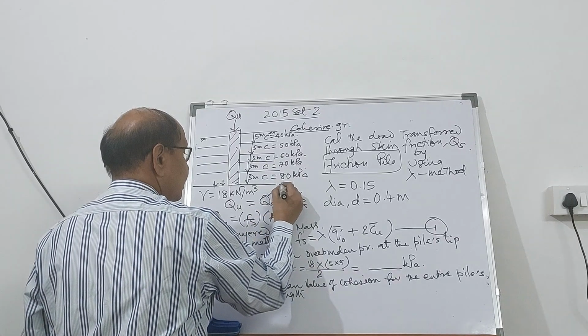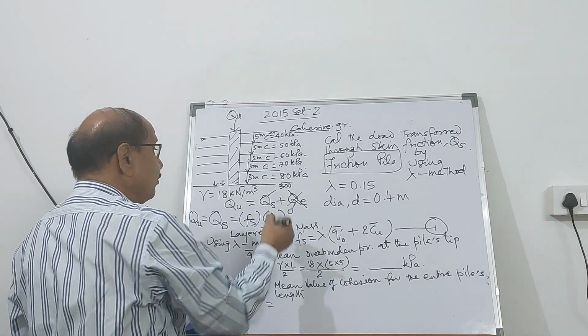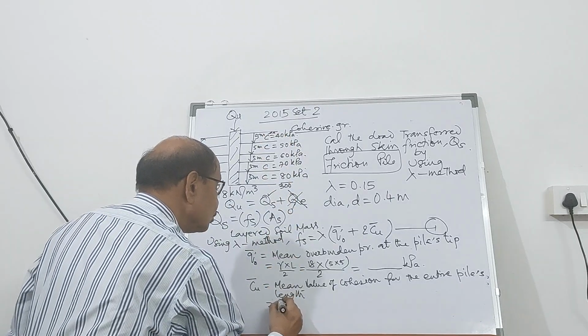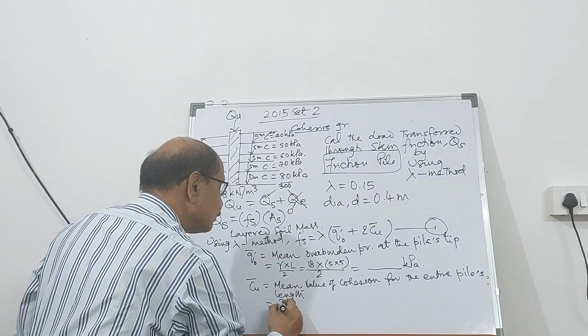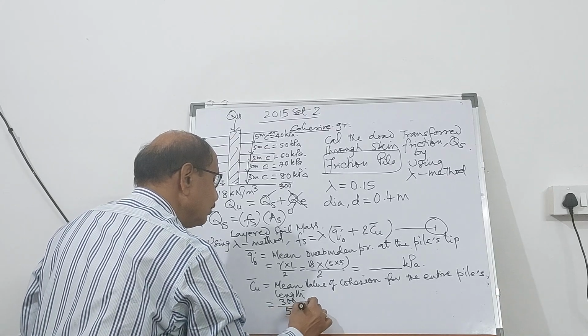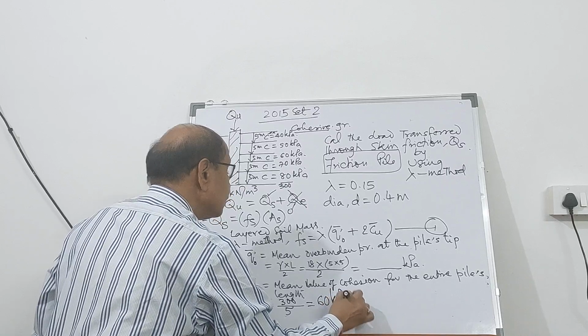This becomes 300, if you sum up. So for the mean value, you will have to take five values. So 300 kilopascal divided by 5 will give you 60 kilopascal.